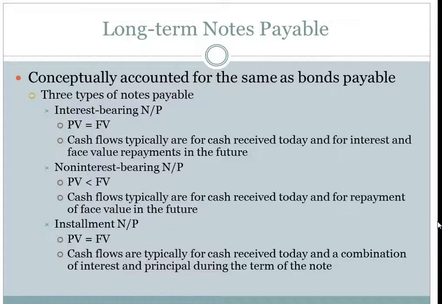If you borrow money to buy a car, you are signing essentially two documents. One is a promissory note, a note payable, promising to repay the principal amount and accrued interest. And you're also signing a lien, which means that if you default on the note, then the bank or whoever you're borrowing the money from can come and repossess the assets. They have a claim to specific assets.